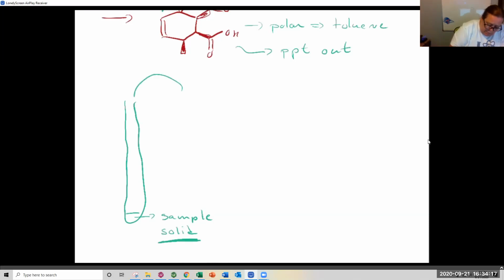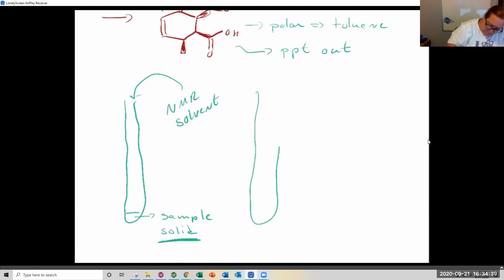So we use NMR solvent to make your compound dissolve, and then when we expose it to the magnetic field, it has more degrees of freedom. In other words, it can respond to the external magnetic field. Then we get a nice homogeneous solution with your product hopefully nicely dissolved in here.